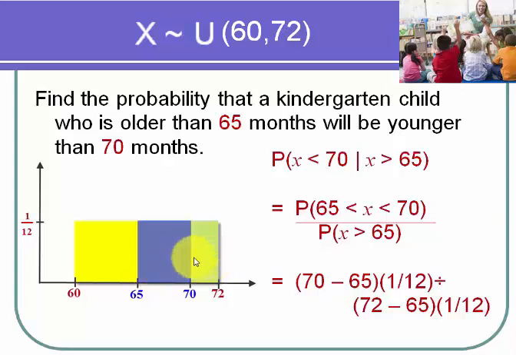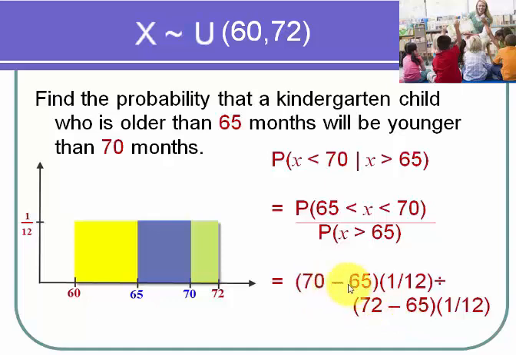That'll be (72 minus 65) times the height, which is 1/12. And I divide. Notice that the numerator has a 1/12, and the denominator also has 1/12. So those actually cancel, and we just get (70 minus 65) over (72 minus 65).